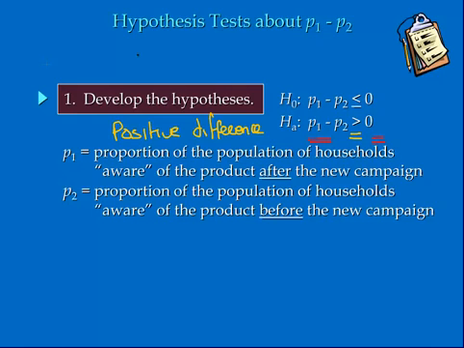Now, the null hypothesis is the opposite of the alternative hypothesis, and so it means that there was no difference, or possibly even a negative difference. Bit unlikely to be a negative difference, but anyway, P1 is the proportion of households aware of the product after the campaign. P2 is the proportion of households aware of the product before the campaign. So just to clarify which is which.